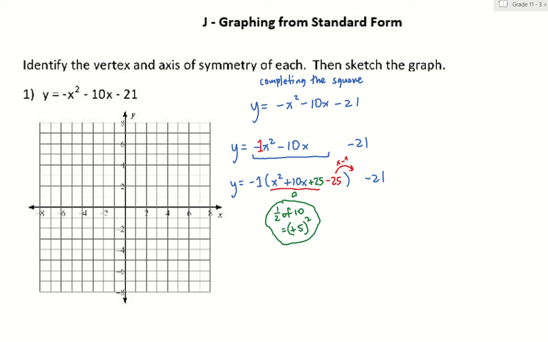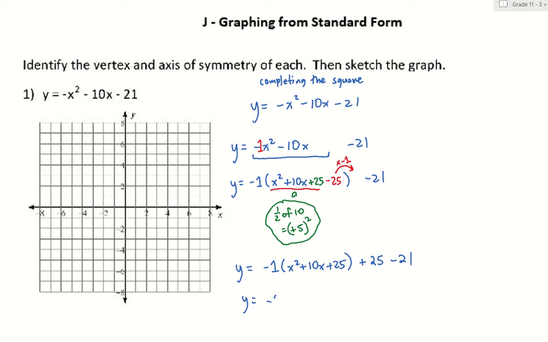And as I bring that term out of the brackets, I have to multiply it by the negative 1 that it's being multiplied by in front. So that leaves me with y is equal to negative 1 times x squared plus 10x plus 25 inside. As the negative 25 times the negative 1 comes outside, that gives me positive 25.